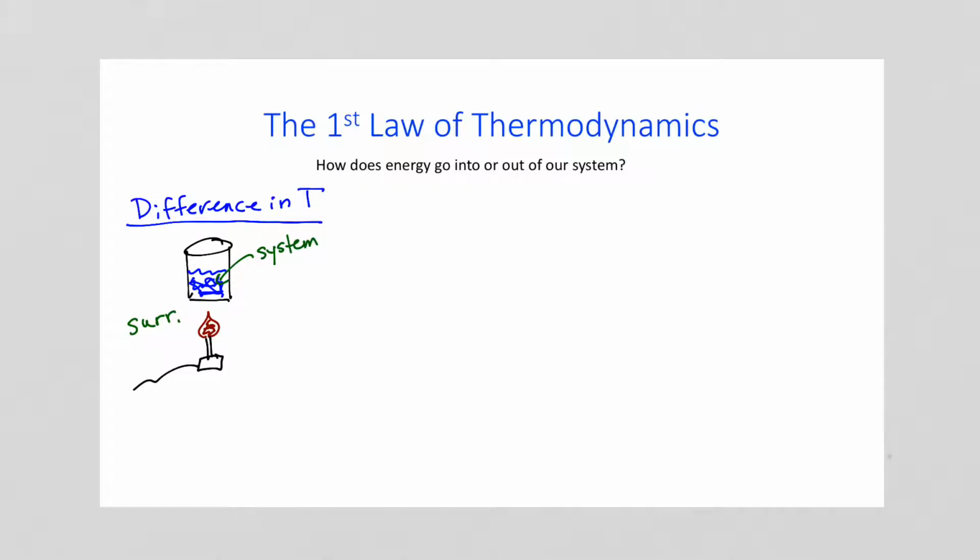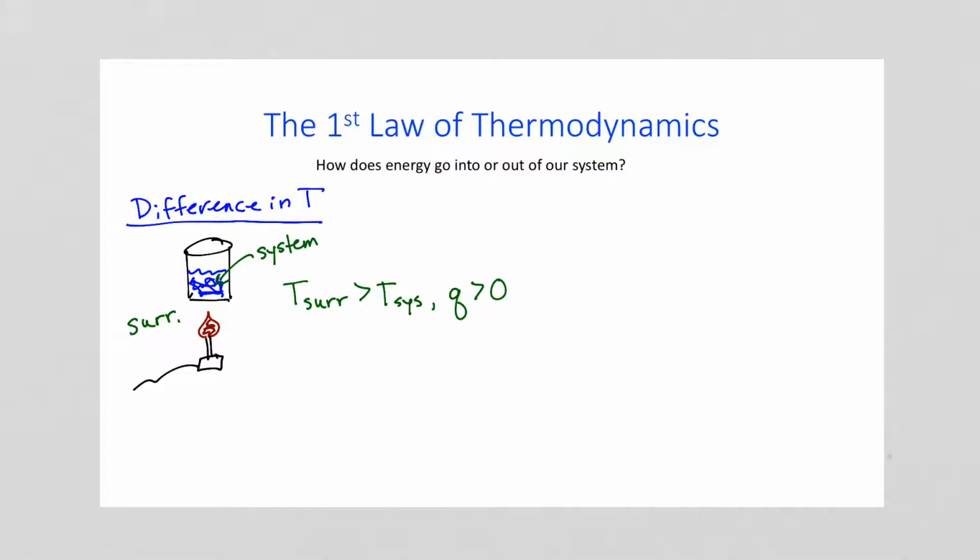So if we have a situation where the temperature of our surroundings is greater than the temperature of our system, then we say the heat, or Q, is greater than 0. In that situation, heat is going into our system.